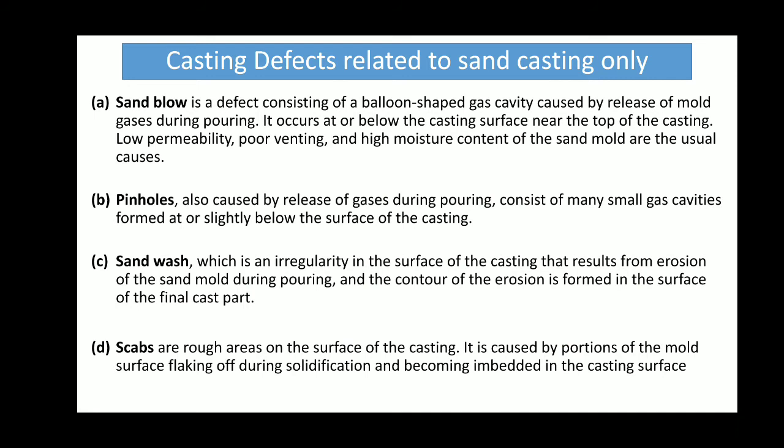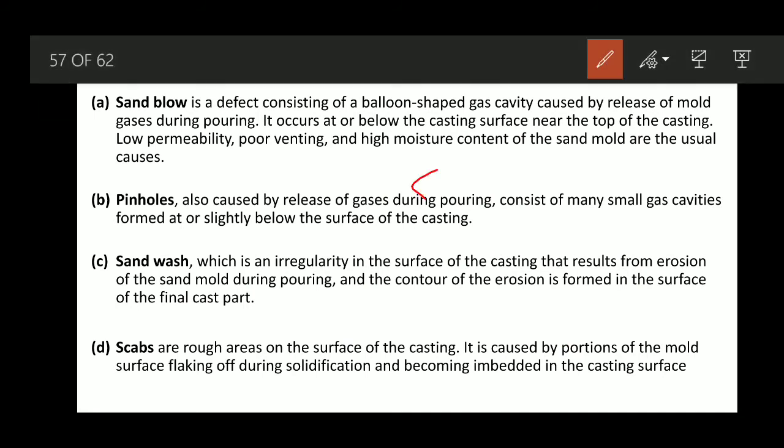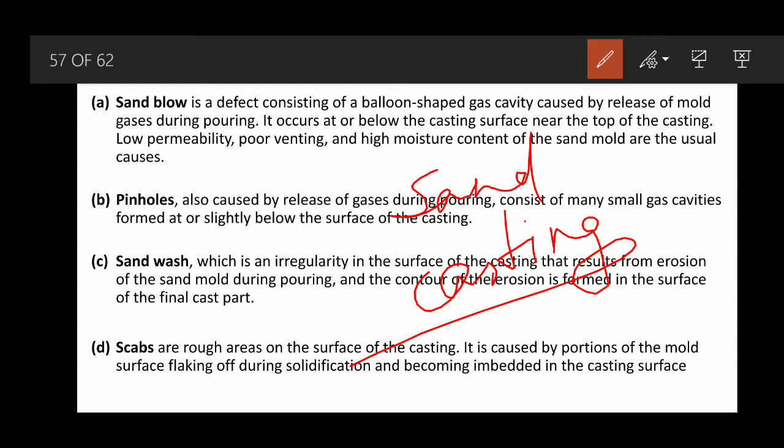Next we'll be discussing some casting defects which are related to sand casting only. Most of these are related to the nature of the sand, how the sand is bound, and what the strength of that binding is. It also depends on the amount of moisture present in the green sand with which we are making the mold.